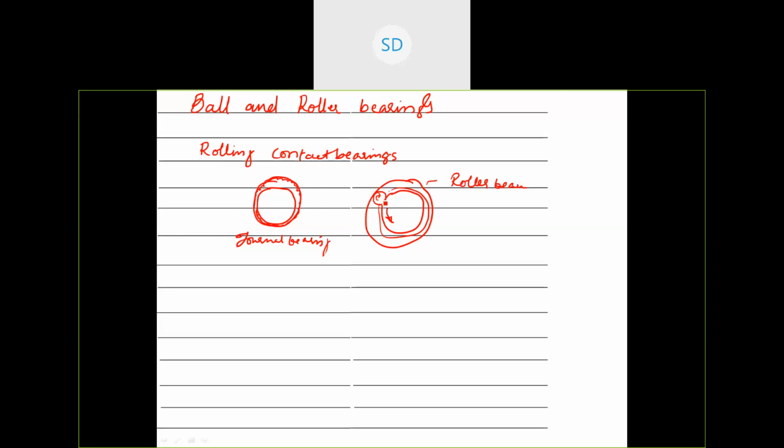If you consider the contact of the element, the element may be a roller or a ball. It is just like a line contact for roller bearings and point contact for ball bearings.